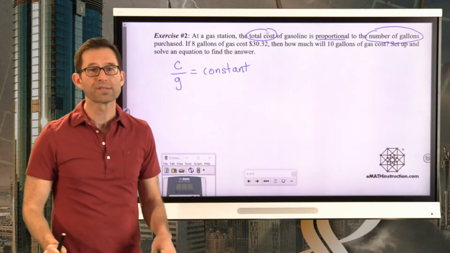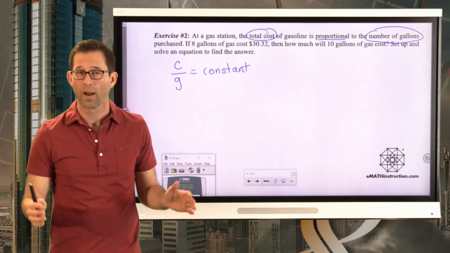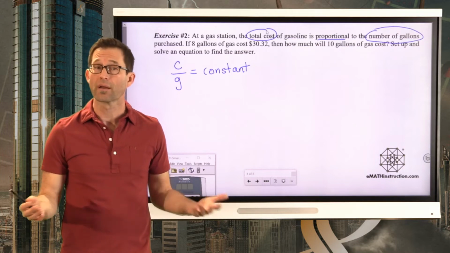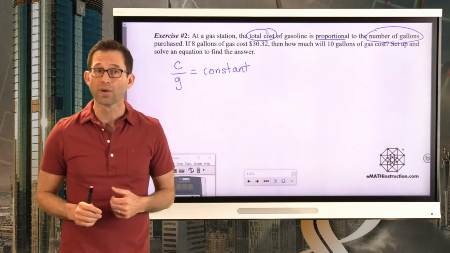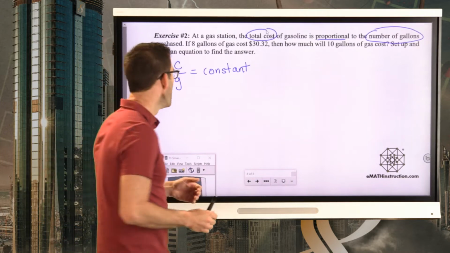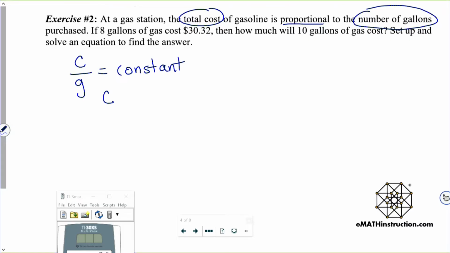When I divide the cost by how many gallons I purchased, I'm going to get a constant answer. But that allows me to set up a really nice, easy equation, right? I can say, all right, if I take the cost that I'm looking for and I divide it by the 10 gallons that I'm working with, that should be the same thing as if I took the cost that they gave me, 30.32, and divide it by 8 gallons.